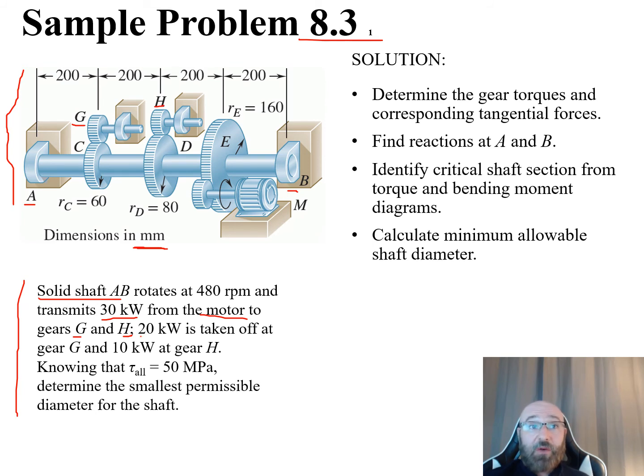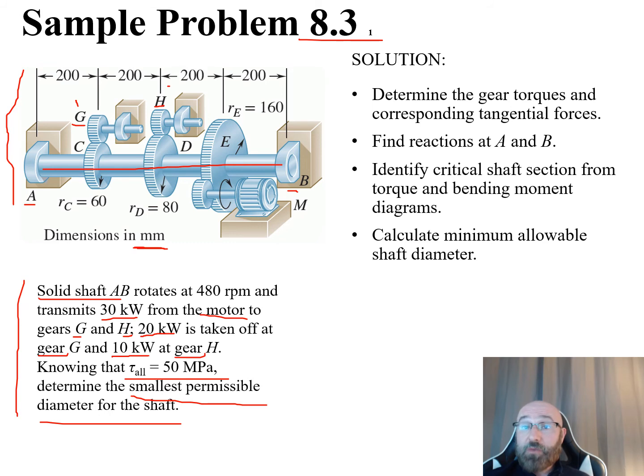So 20 kilowatts, it tells us, is taken off at gear G right here. And 10 kilowatts are taken off at gear H over here. Knowing that our allowable shear stress is given to us as 50 megapascals, they ask us to determine the smallest permissible diameter of the shaft. So our goal here is to figure out what the diameter of this shaft AB is.